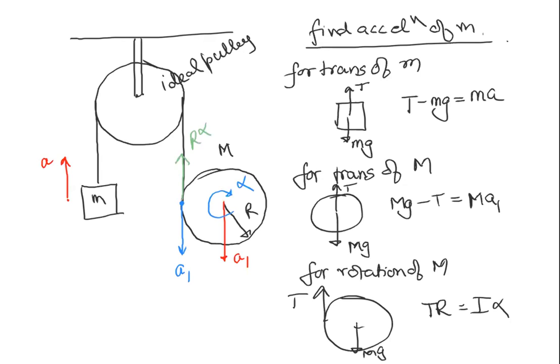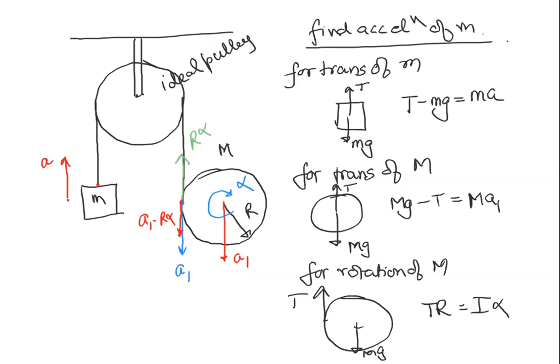Therefore, the net acceleration of this point must be, if it is downward, A1 minus R alpha. अगर मैं ये रेड एरो ऊपर ले लेता तो I would have to write R alpha minus A1. But मैं नीचे एक reason से ले रहा हूँ. The reason is again the string constraint.